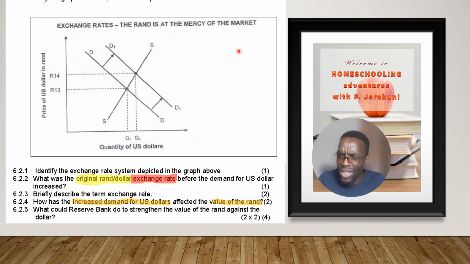If they increase the repurchase rate, it attracts foreign investors into South Africa, because now we are offering higher interest rates. Those high interest rates are going to be a pulling force for foreign investors. So if they increase the repo rate, it's going to attract foreign investors to come and invest into our South African economy.